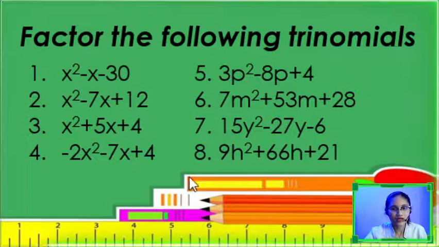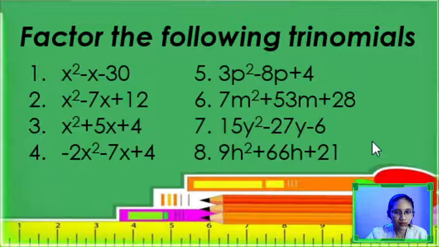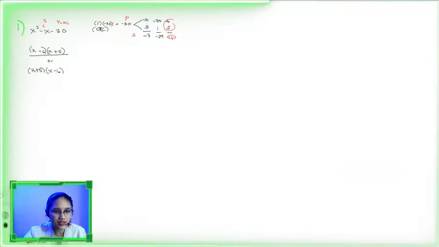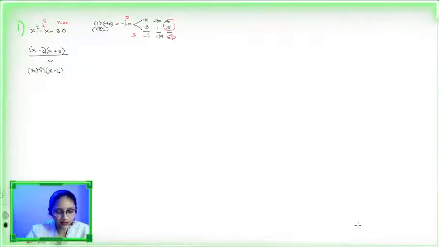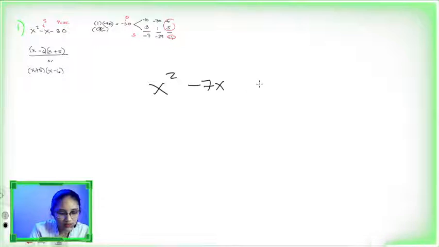Okay, let's continue with given number 2. So for given number 2, we have x squared minus 7x plus 12. How are we going to factor this expression? So allow me to write the given first. So we have x squared minus 7x plus 12.